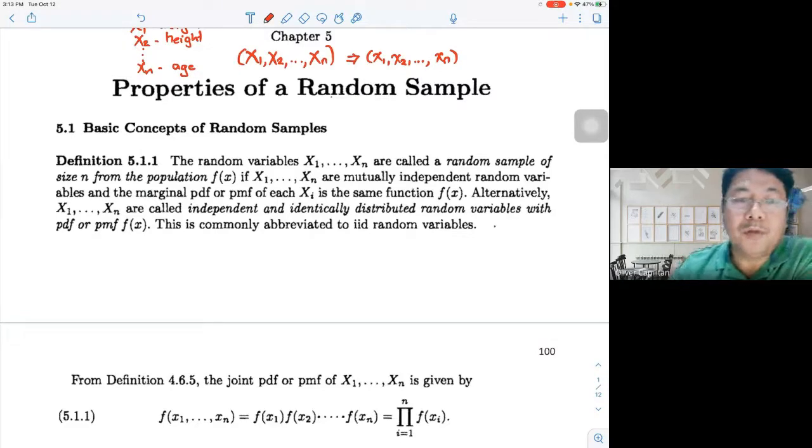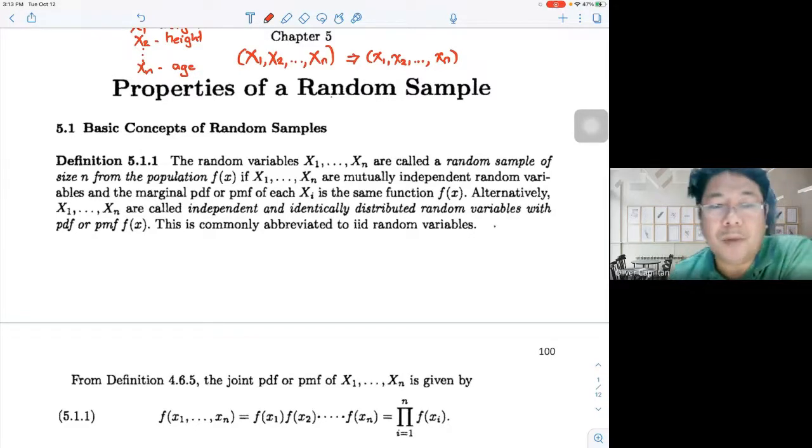Before you determine the properties of a random sample, you must first understand the mathematical definition of a random sample. So we have here Definition 5.1.1.